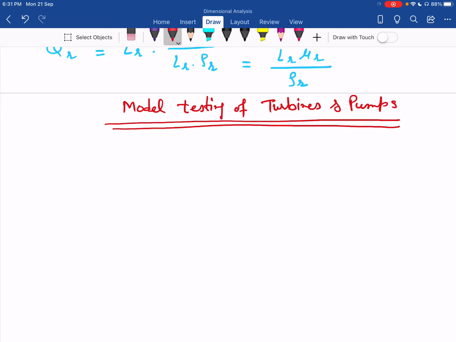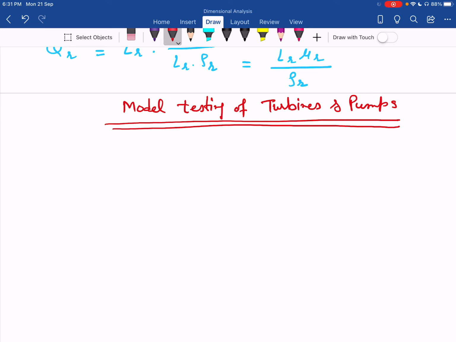Similar to other machines, we again have a prototype and its model for turbines and pumps. In order to have a complete similarity between the model and the prototype, these two must fulfill the similarity conditions. Those similarity conditions are the geometric similarity, kinematic similarity, and the dynamic similarity.